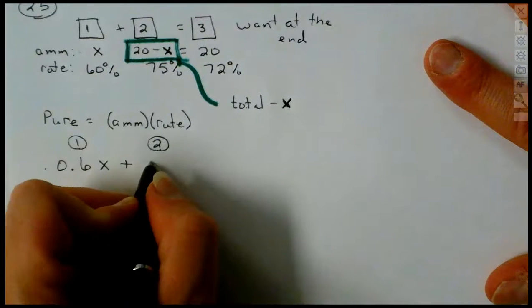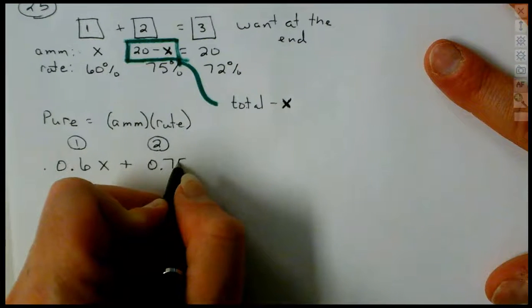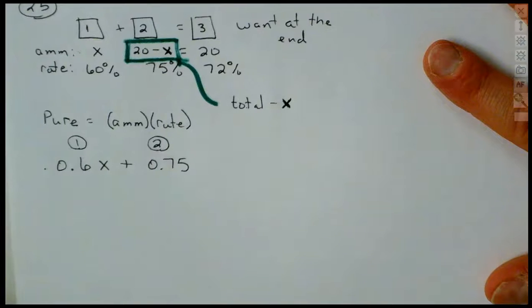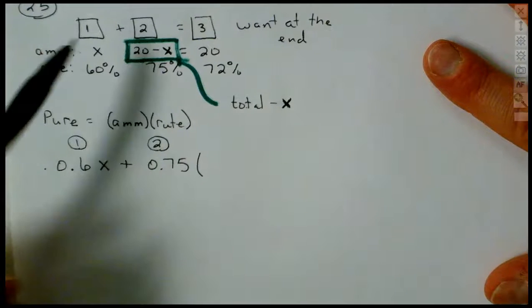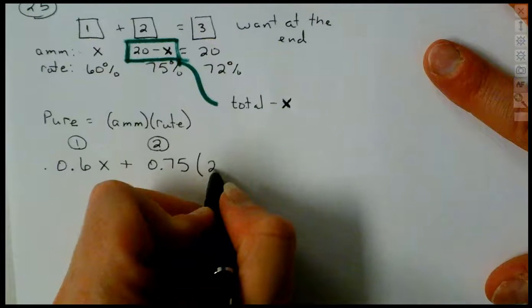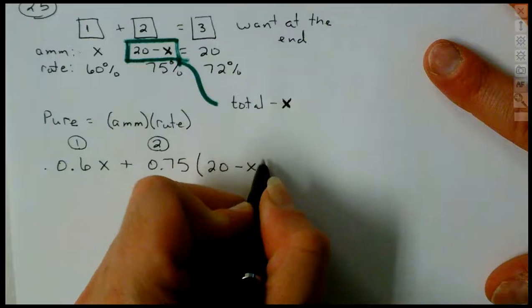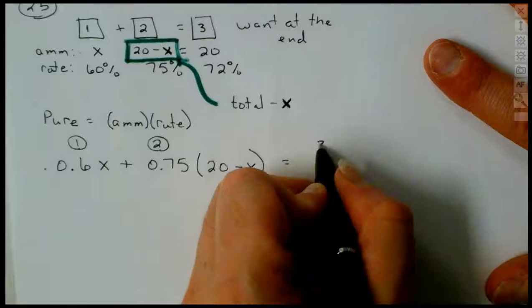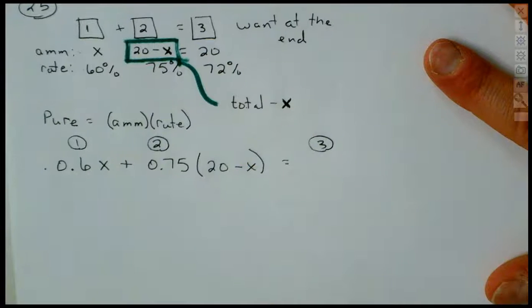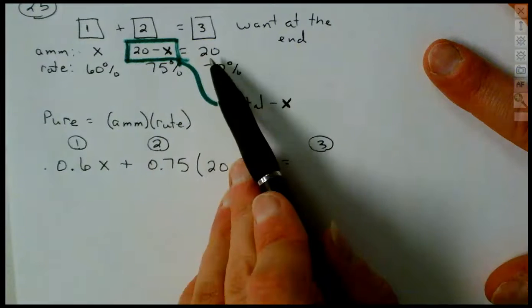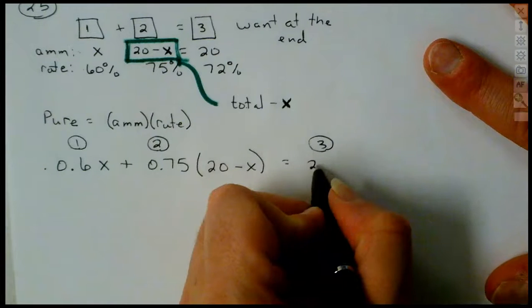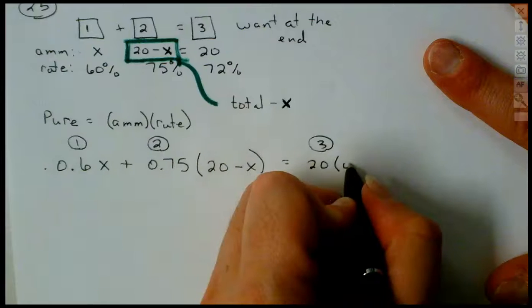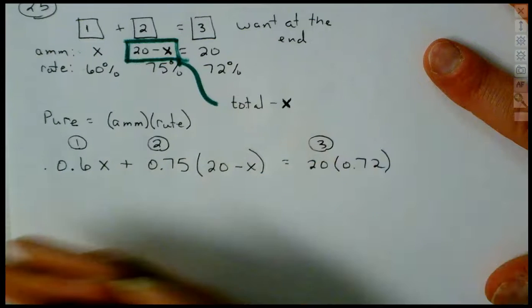Our next one is going to be 0.75, 75%. And what are we going to have to multiply it by? 20 minus x. And what is that going to equal on the right-hand side? Box 3, and that's going to be 20 times 0.72.